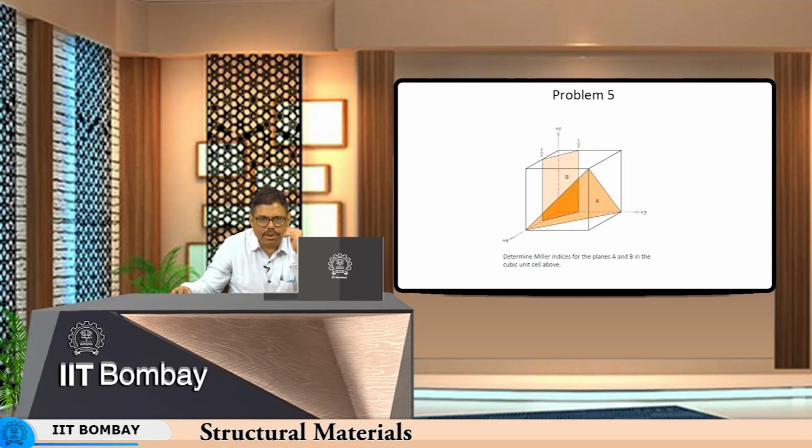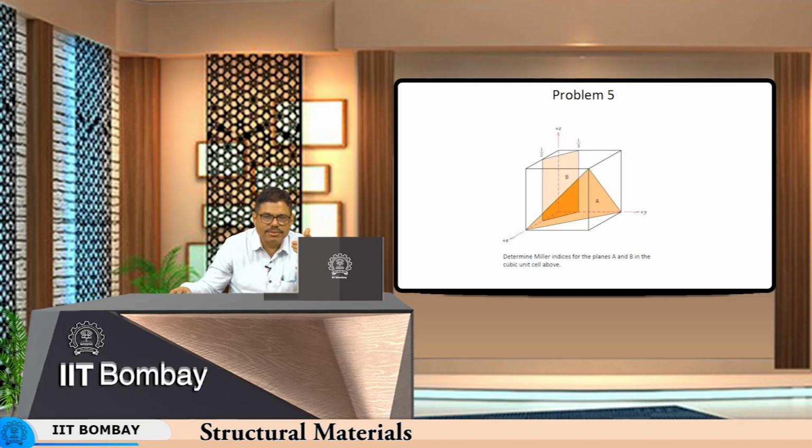Now, coming to the Miller indices for planes, we have Miller indices corresponding to the intercepts with various axes. So, for example, plane B has got an intercept of half and 1/3 with x and y, but it is parallel to the z axis. So, it has no intercept at all with the z axis; the intercept at z axis will be infinity.